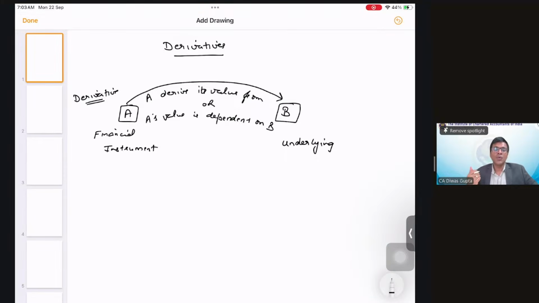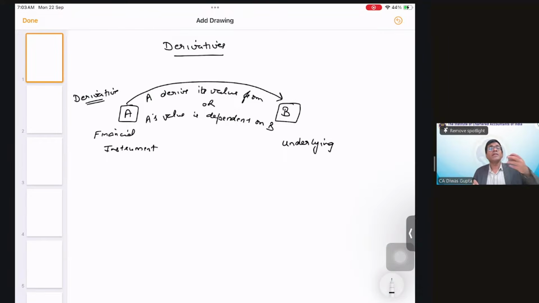So wherever there is an obligation to pay, wherever there is a right to receive. I hope you're able to make it out. Obligation to pay and right to receive money, the contract which defines that obligation or right is called a financial instrument.